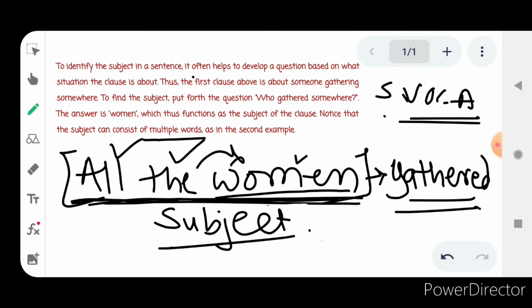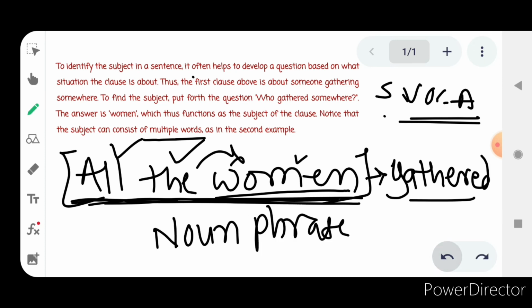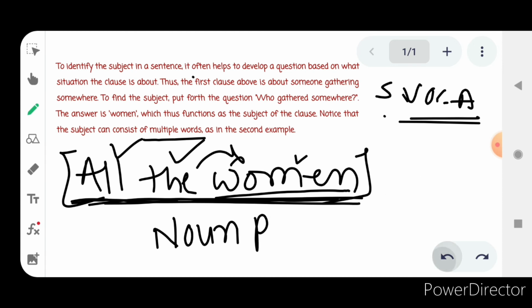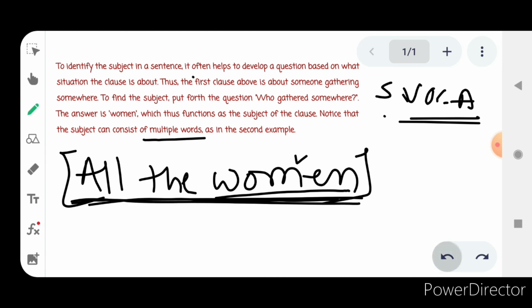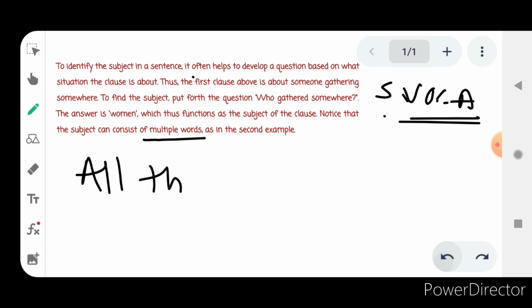This grouping of the words is called the subject. There might be many more words in the subject. Means a subject can be formed of many words.